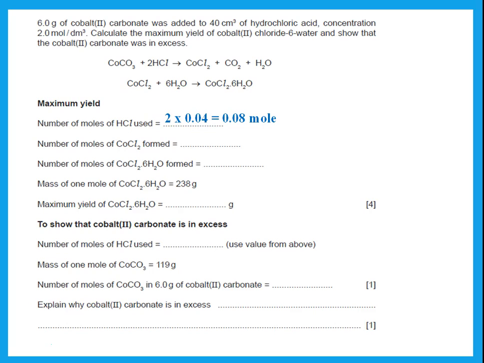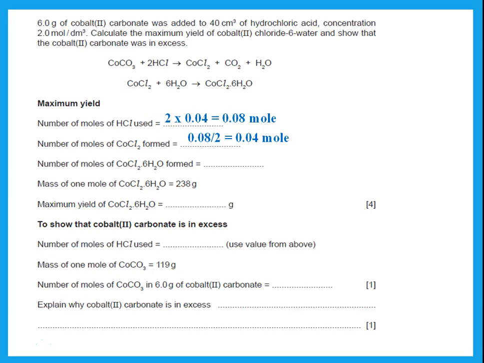Okay, number of moles of cobalt chloride formed. Now the number of moles of cobalt chloride formed, where am I going to get it? From the relationship in the equation. The equation says 2HCl will give 1 cobalt chloride. That means that the number of moles of cobalt chloride is half that of HCl, which would be 0.04. Now, the number of moles of cobalt chloride 6 water, the equation says that 1 cobalt chloride will give 1 cobalt chloride 6 water.